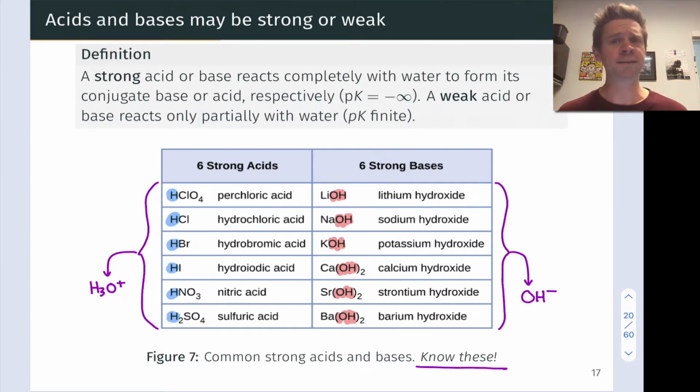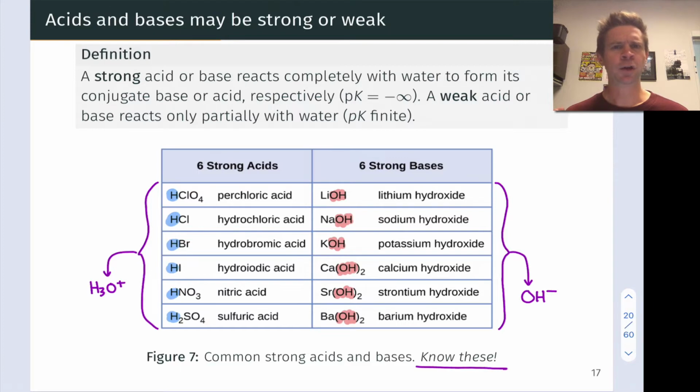And likewise with bases, it's just that now strong bases react or dissociate to produce a full equivalent of hydroxide with respect to the base. So these group 1 and group 2 metal hydroxides, for example, that you see here, dissociate completely to form hydroxide, either one equivalent in the case of the group 1 compounds or 2 equivalents in the case of the group 2 compounds with calcium, strontium, and barium.